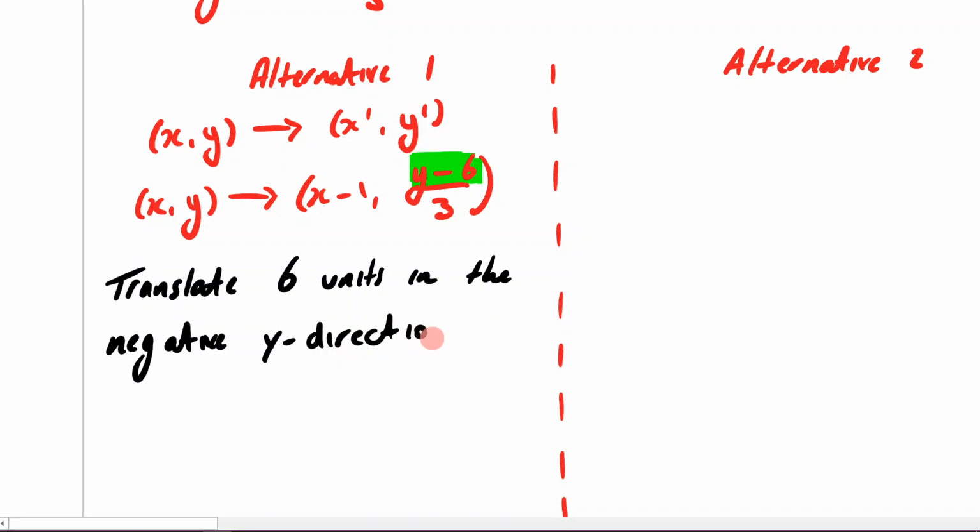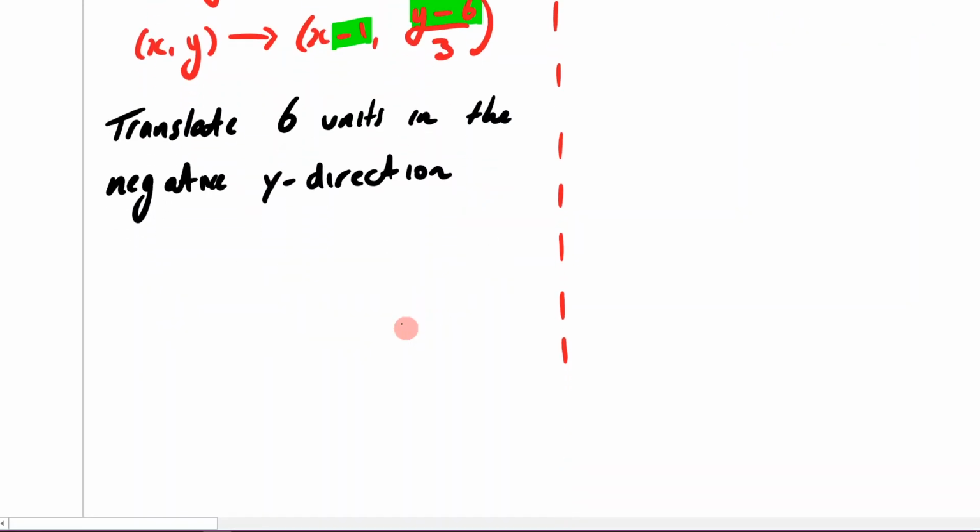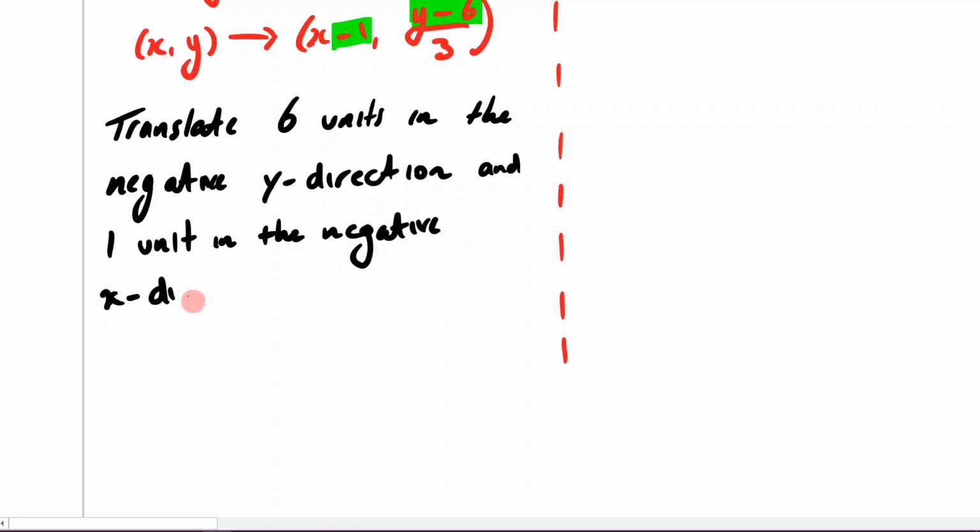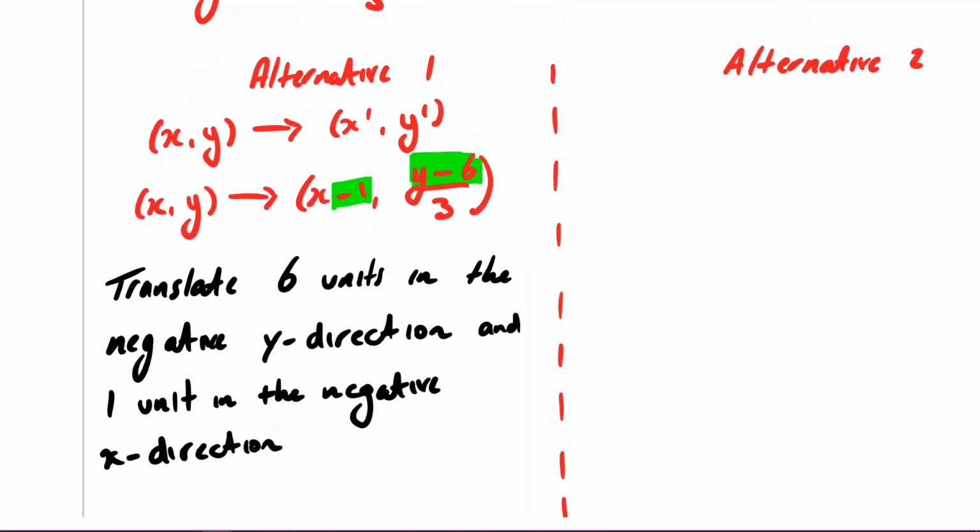And then we always do all the translations at once. So I'll come over here. This minus 1 here is telling me I'm moving 1 unit in the negative x direction. Okay, now after we've done the translations, the next thing that happens is I divide by 3.